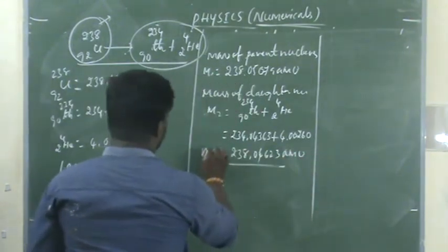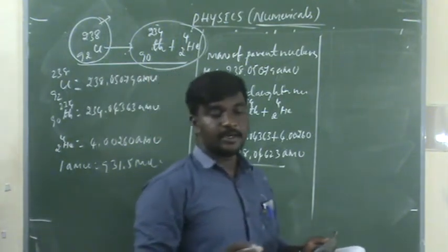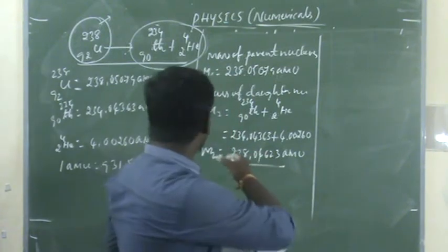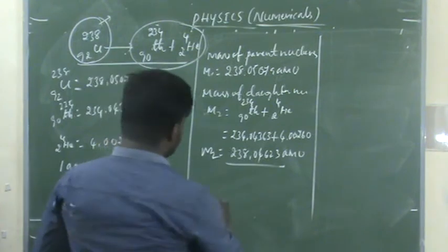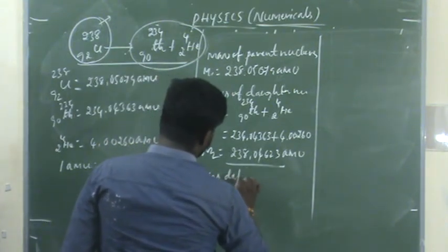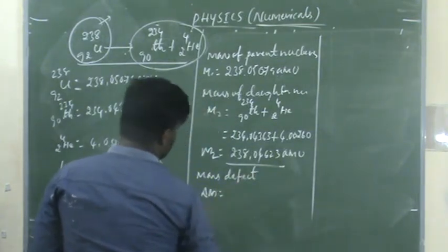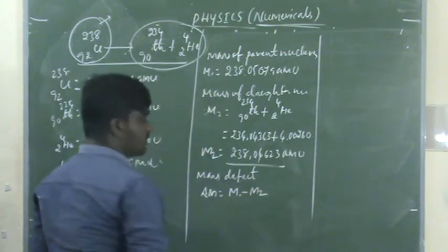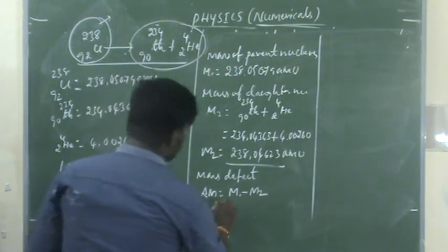This is the M2 value. So M1 is the mass of the reactant, M2 is the mass of the products. So the uranium splits into thorium and helium. So next, mass defect is equals to delta M equals M1 minus M2, mass of the reactant minus mass of the product.